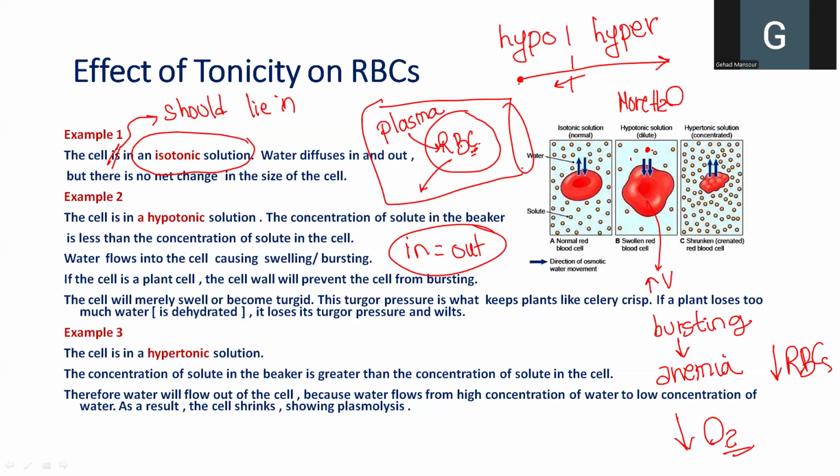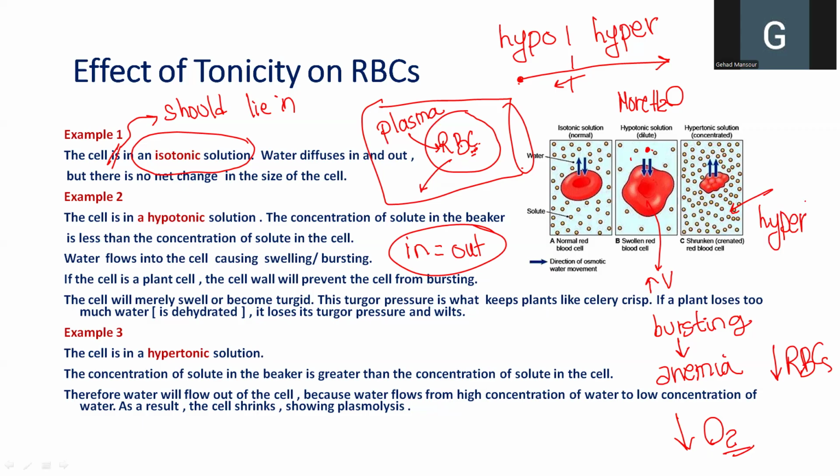For example, you cannot give an intravenous infusion of pure water to a patient. He would die on the spot because you would make the plasma more hypotonic, resulting in bursting of the red blood cells.